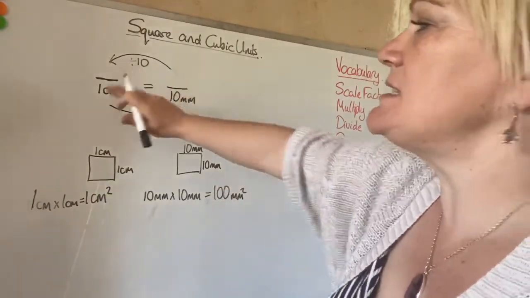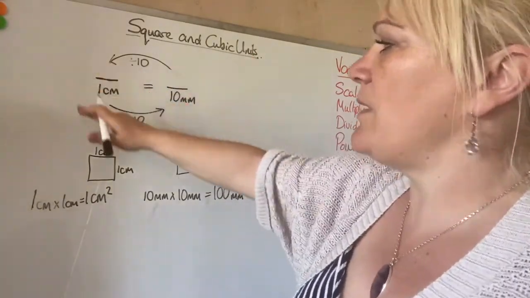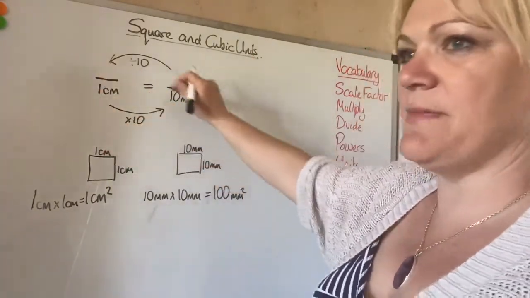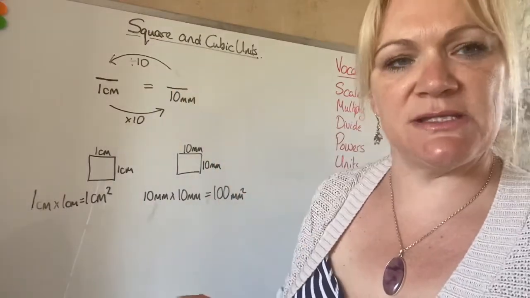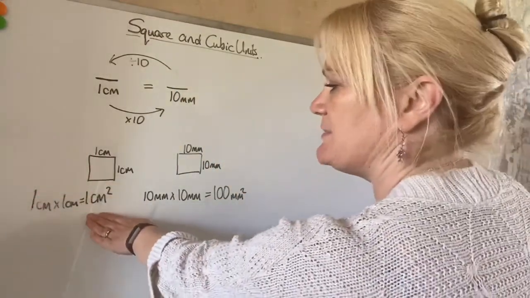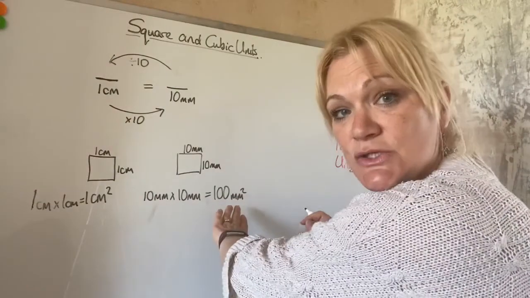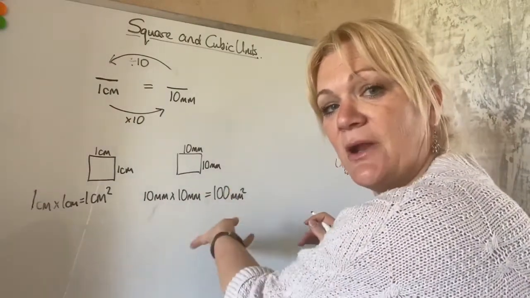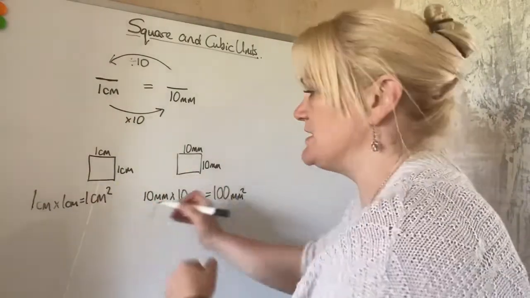So going from centimetres to millimetres, we multiply by 10, or millimetres to centimetres, we divide by 10. But when we're dealing with centimetres squared and millimetres squared, we have to multiply by 100 or divide by 100.